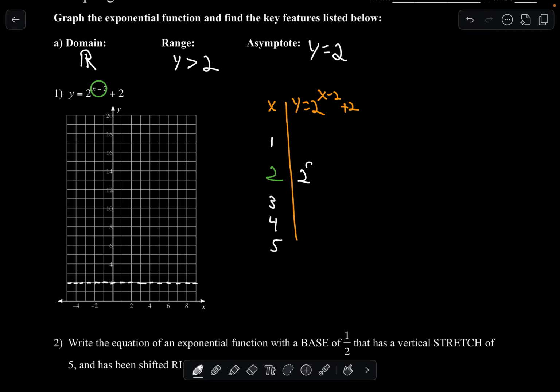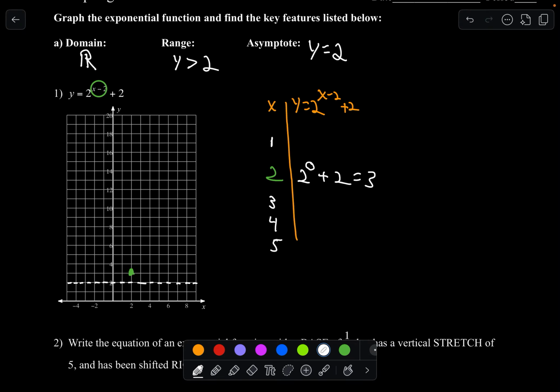I'm putting x equals 2 in, so 2 minus 2 is 0, so it's 2 to the 0 plus 2. That equals 3. So I know that the point (2, 3) is on this graph, and I'm going to plot it right there. Then let's choose x equals 3.